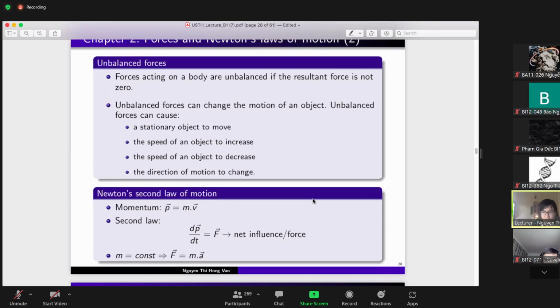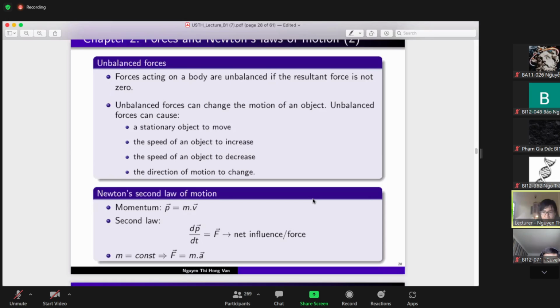So when the big one hits the small one, initially the small one is moving with velocity v, and after this one hits it, the velocity changes to u.